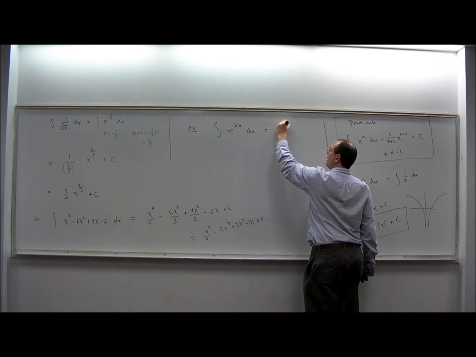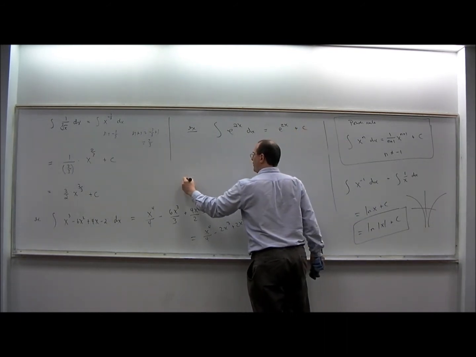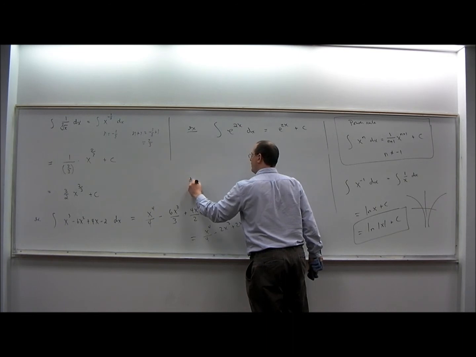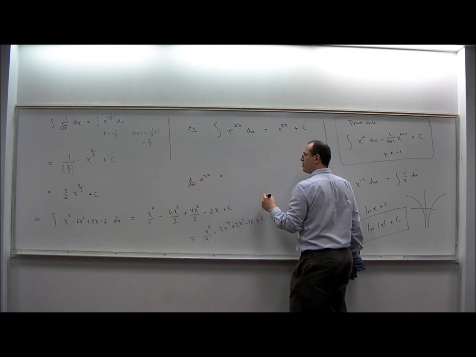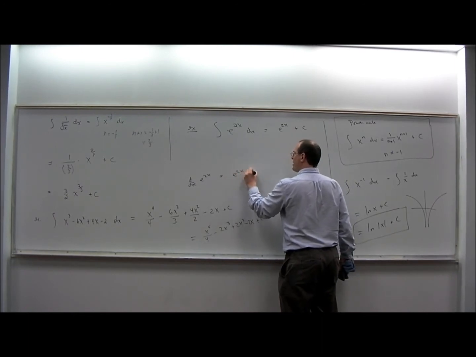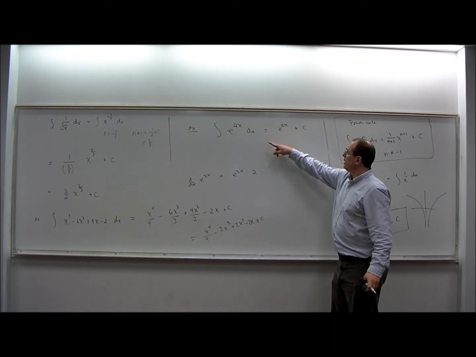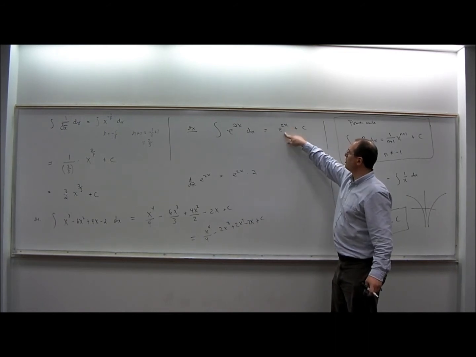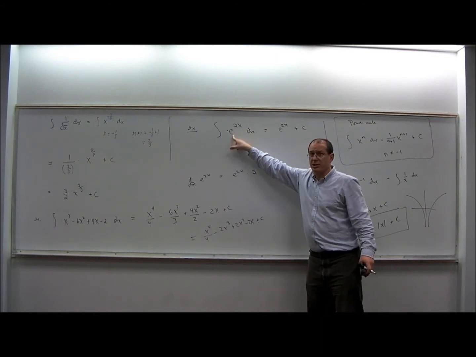We will guess e to the 2x plus c, and then we will check. If you take the derivative of e to the 2x, then using the chain rule, this is e to the 2x times 2. And so this statement is not quite correct because the derivative of the right side is not this, it is 2 times this.